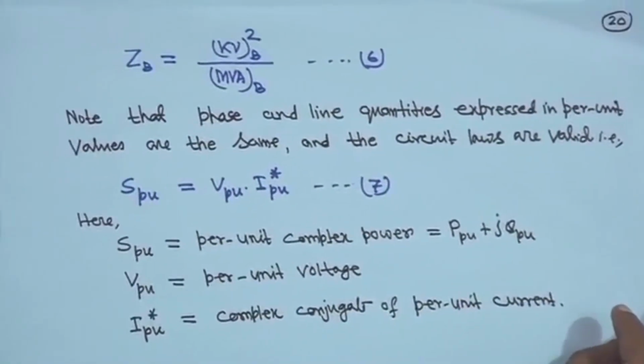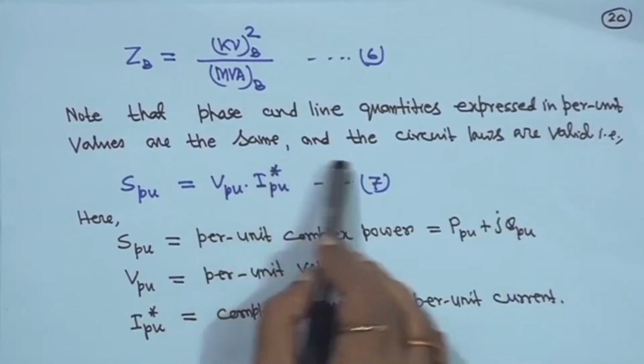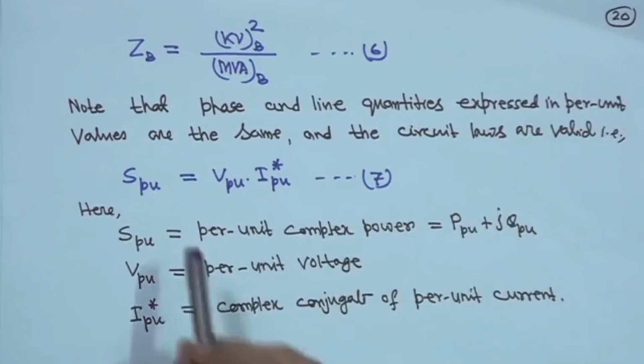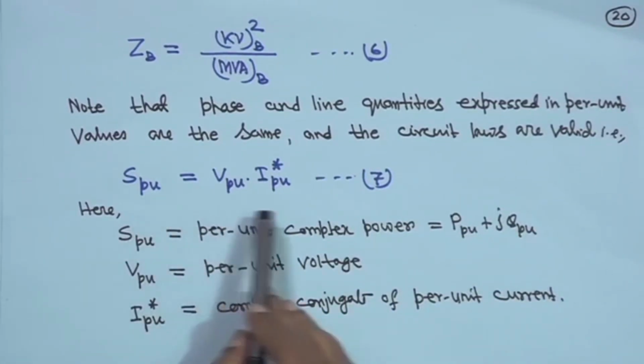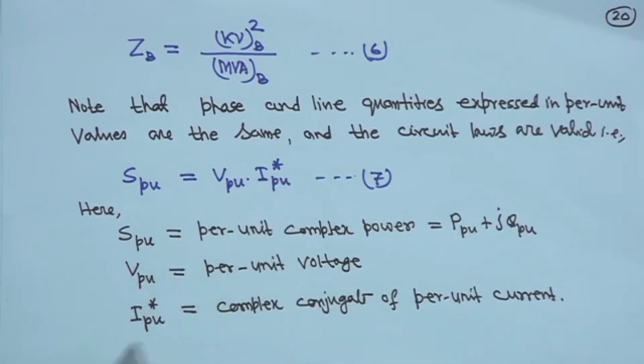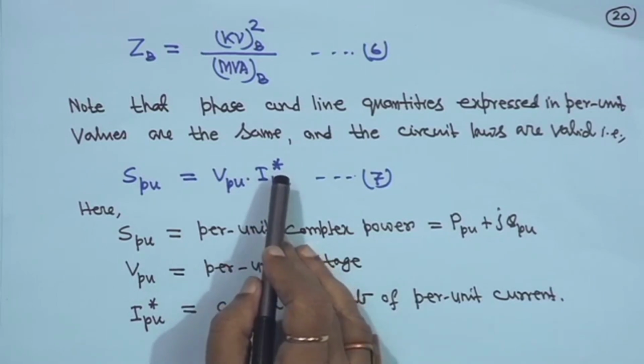Note that phase and line quantities expressed in per unit values are the same and the circuit laws are valid. This is true. Now, power S_PU is equal to V_PU into I_PU conjugate, right. Why this conjugate comes, I will come to that when we study load flow studies.